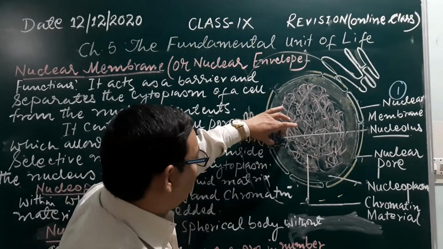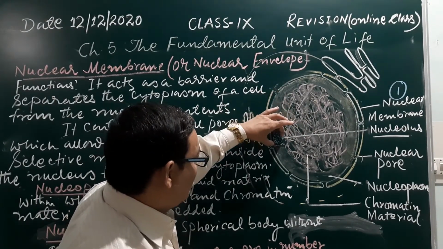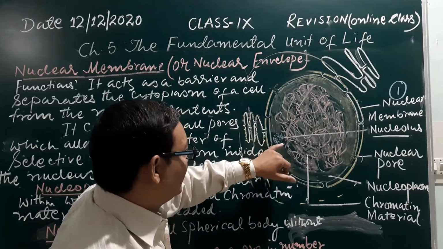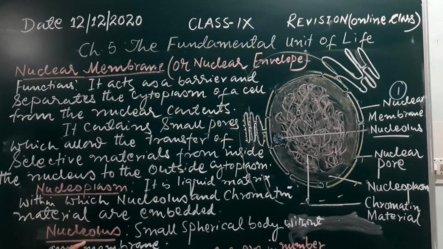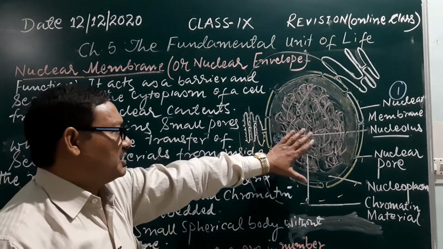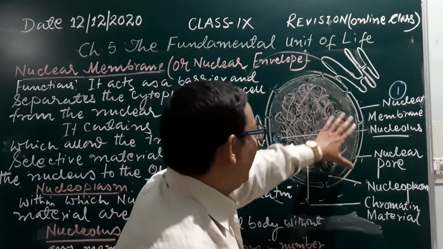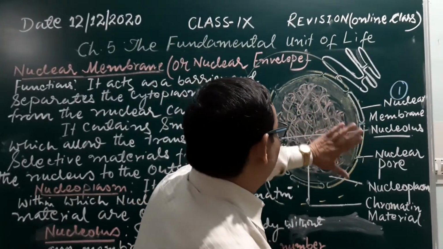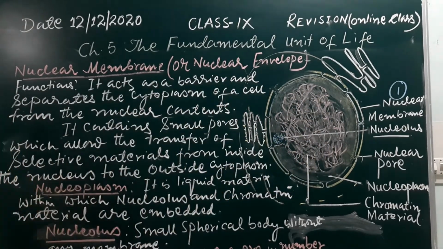Within the nucleus, without any membrane, there is the nucleolus. So here are the nucleoplasm and the nucleolus. It is a liquid matrix within which the nucleolus and chromatin material are embedded. You may write it in a simple way: within which the chromatin material and the nucleolus are present. It is the nucleoplasm.